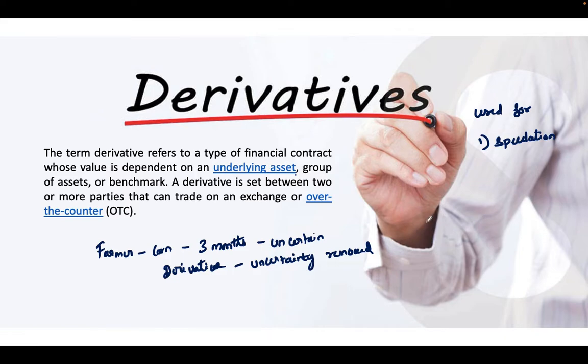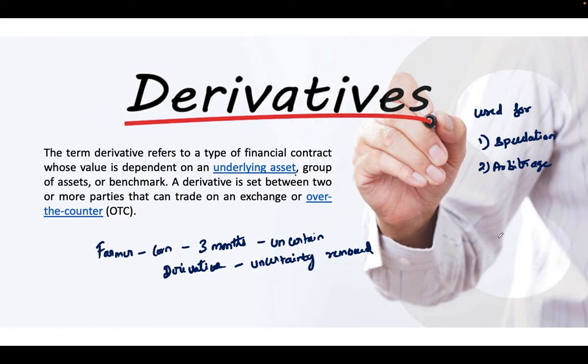Second, they are used for arbitrage. An arbitrageur takes advantage of a price differential in two markets for the same asset at the same time.